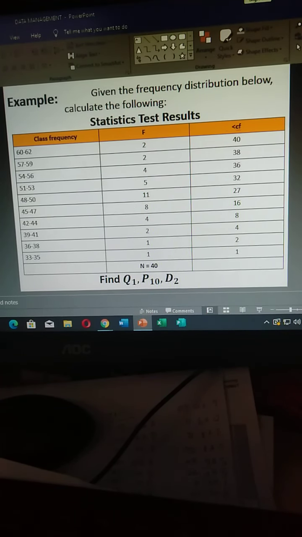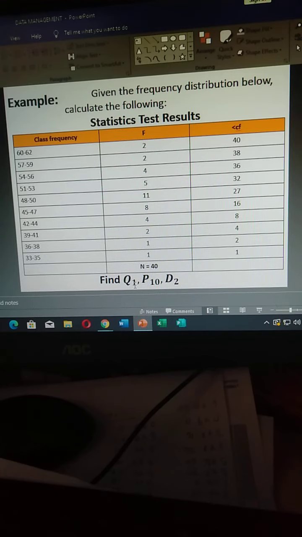So, kumbaga ito, pinapahanap natin is Q1, P10. Diba? Tatlong hinahanap, pero isang formula ang gagamitin natin. So, let's find out the equivalent of Q1, P10, and D2 in this table or in this data.